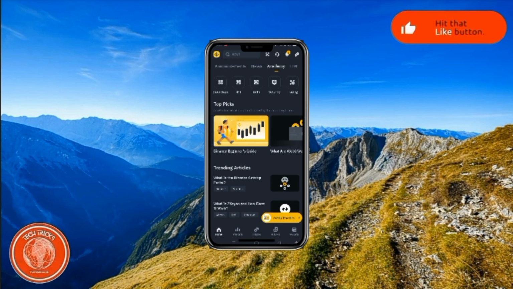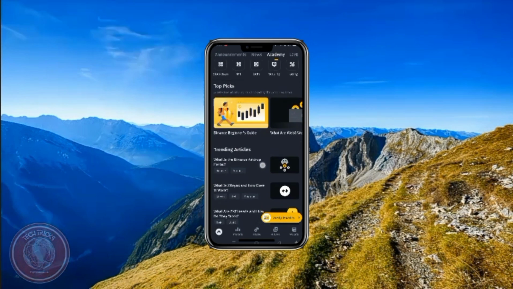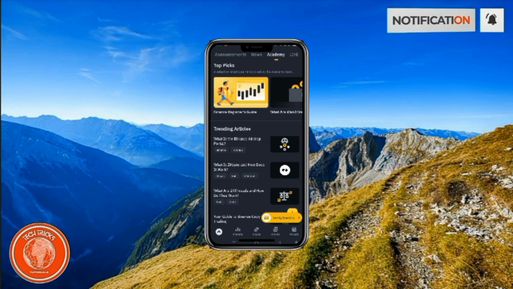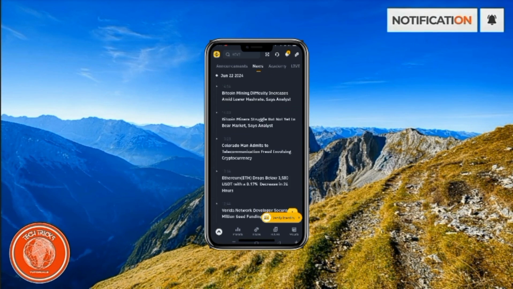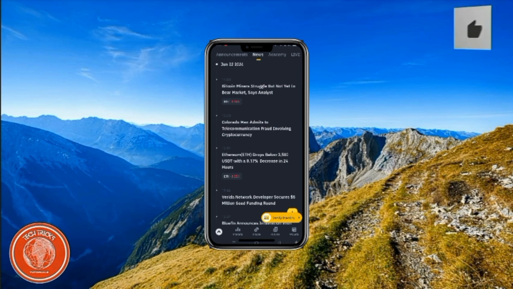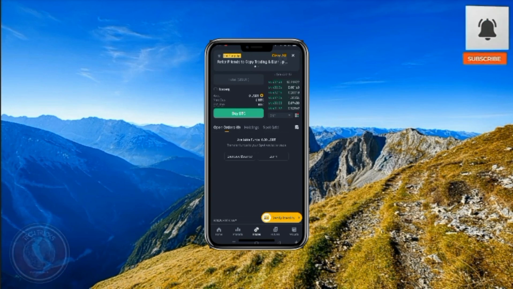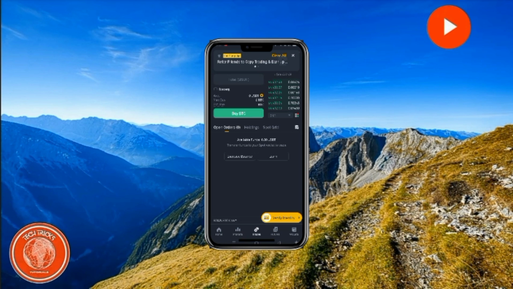So, understanding the trading interface. The trading interface consists of the price chart, which shows the historical price movements of the selected cryptocurrency pair. Next is the order book, which lists the current buy and sell orders for the selected pair.